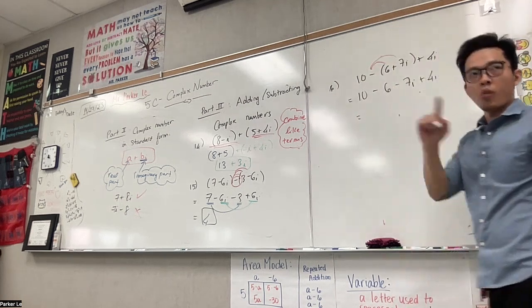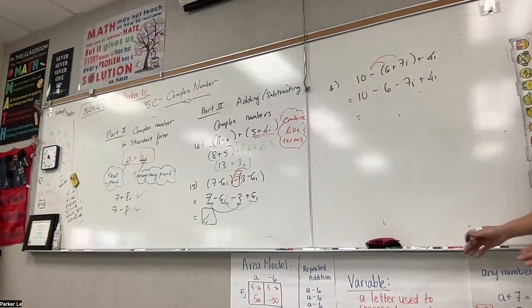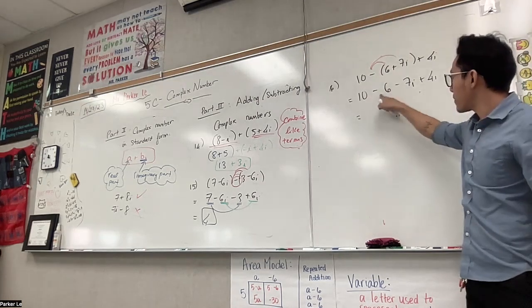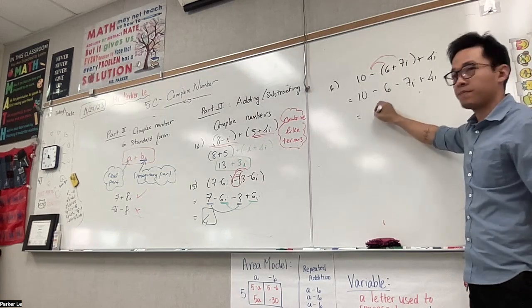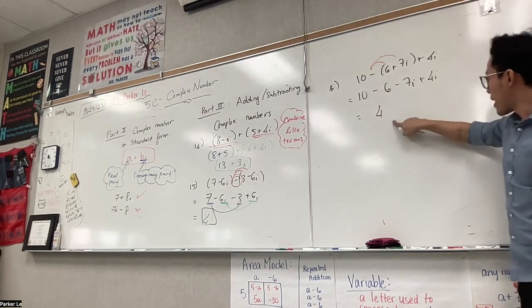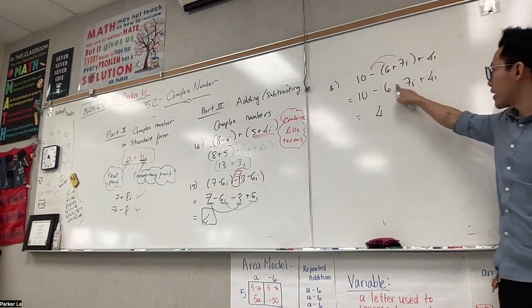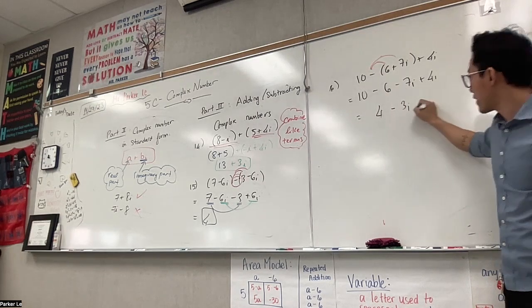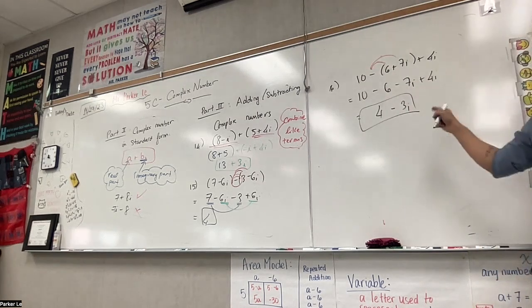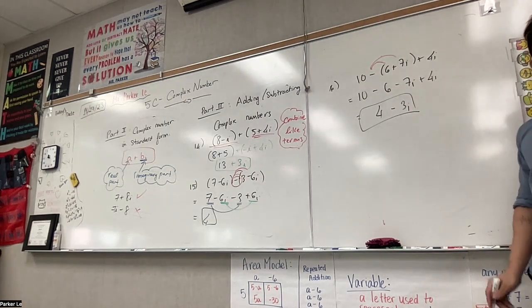Real goes with real, i goes with i. So 10 minus 6, this one doesn't have i, that's the real part, right? 10 minus 6 is 4. Imaginary goes with imaginary. So negative 7 plus 4 is negative 3i. Remember to keep them in standard form.